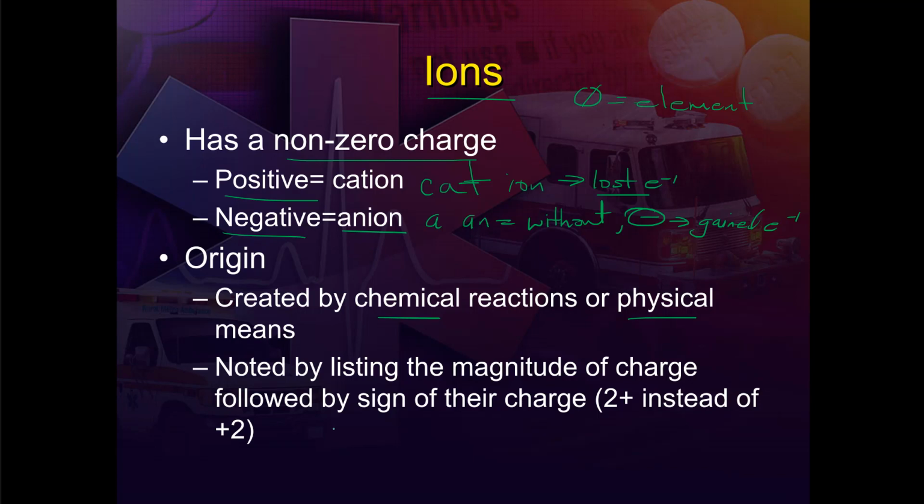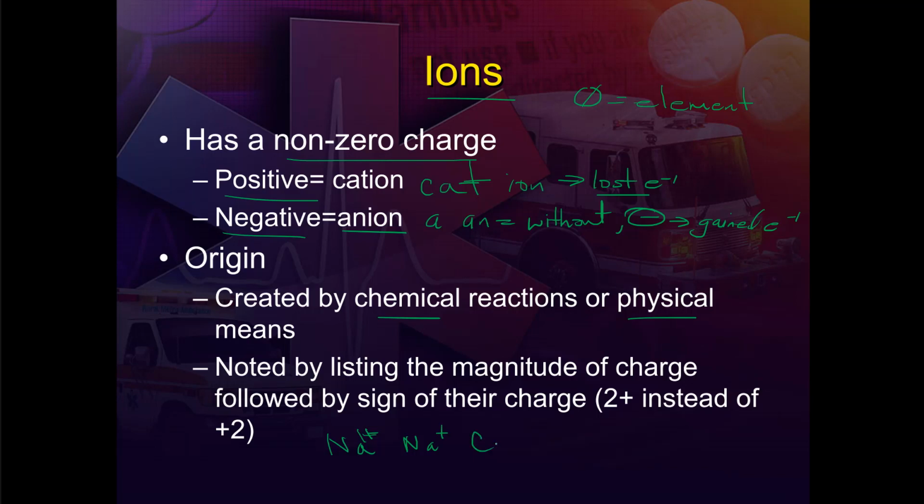An important note of how we identify, let's look at one of the ions we commonly work with, sodium. So sodium has a positive charge of 1. And so the way that we identify this is by writing it as a 1 and a plus. You can also, if it's only one charge, write sodium with 1 positive sign.